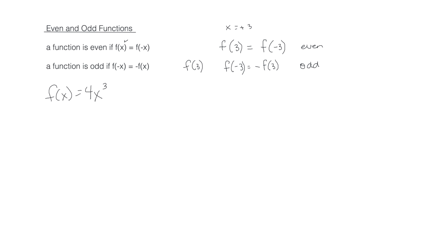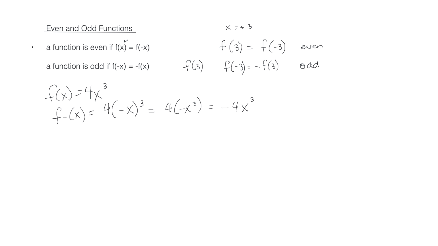So this is f of x, 4x cubed. F of minus x, and this is me checking to see if it's even, is I put the same exact thing in here, but I put the negative. So negative x cubed is still going to give me negative x cubed because it's 3 of them, and that takes the minus to be in front of the whole thing.